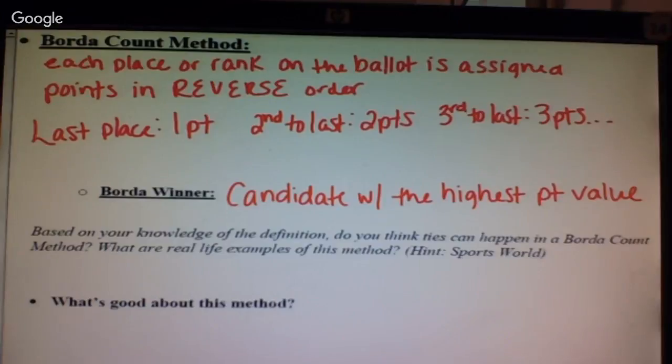Okay, so what's good about this method versus the plurality method? Well, now it's going to take into consideration no matter where you fall in the spectrum. It's not just looking at first place votes. So this takes into account all information.